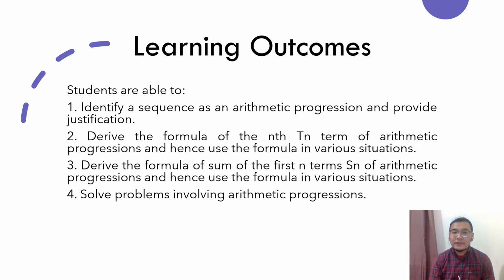The second one is derive the formula of the Tn term of arithmetic progression and hence use the formula in various situations. Number three, derive the formula of the sum of the first n terms, Sn, of arithmetic progression and hence use the formula in various situations. Remember, the second one is Tn, but the third one is Sn. And the last one is solve problems involving arithmetic progression.